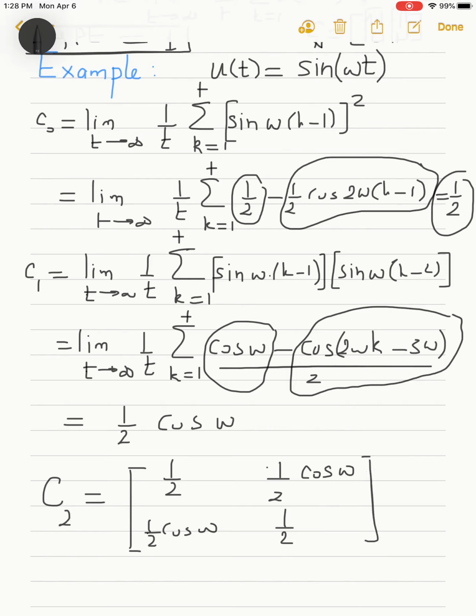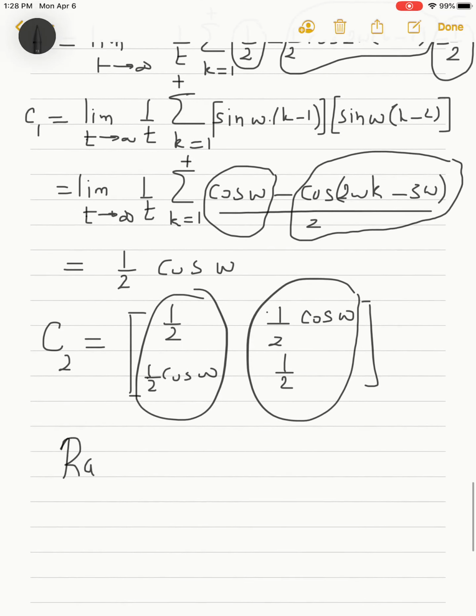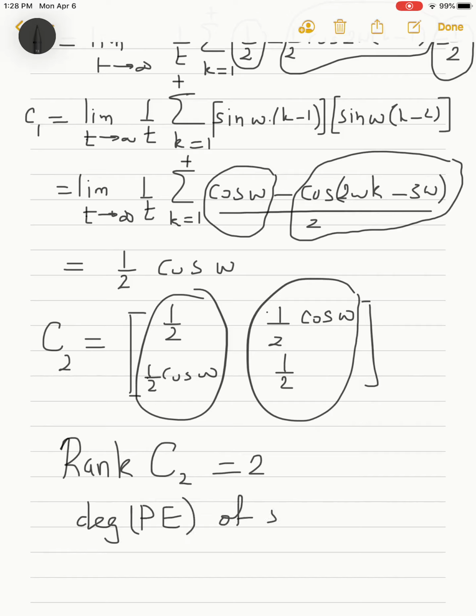And as you can see, the two columns here are independent. So we conclude that the rank of C2 is equal to 2. So the degree of persistent excitation of the sine function is equal to 2, and that means that we can use the sine function to compute two parameters.